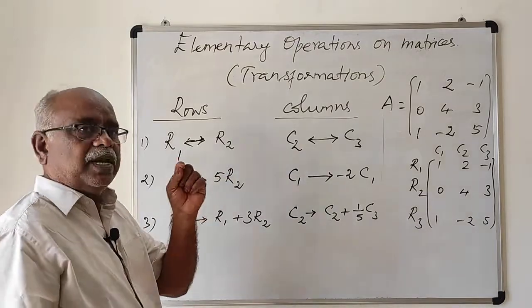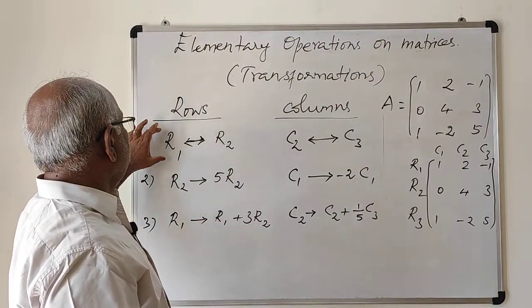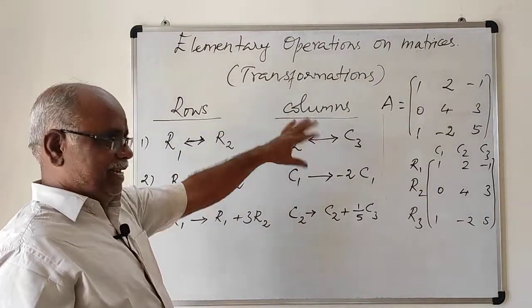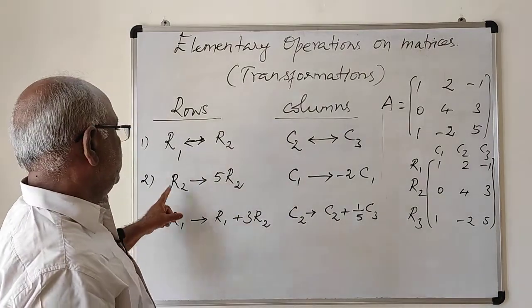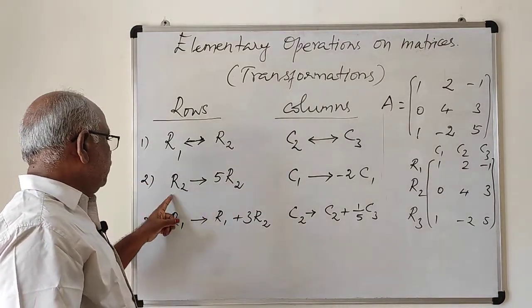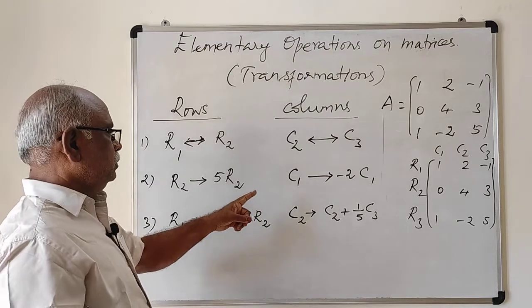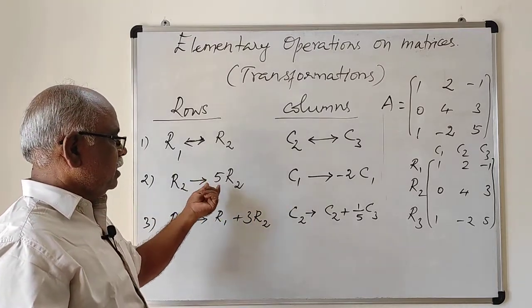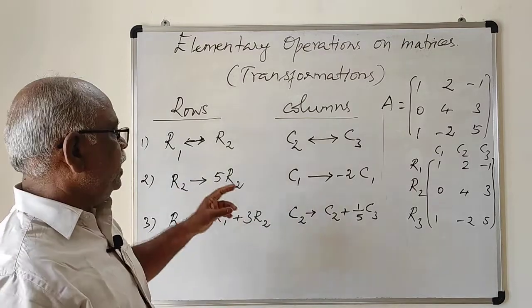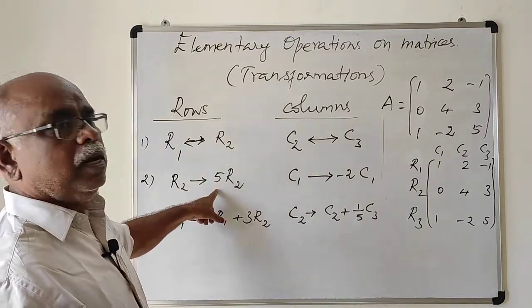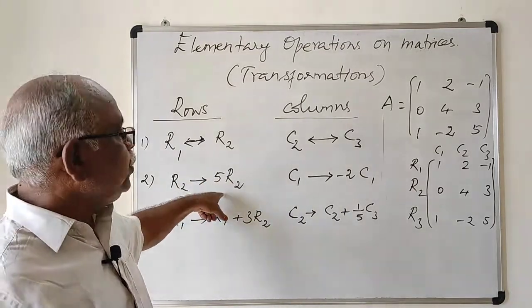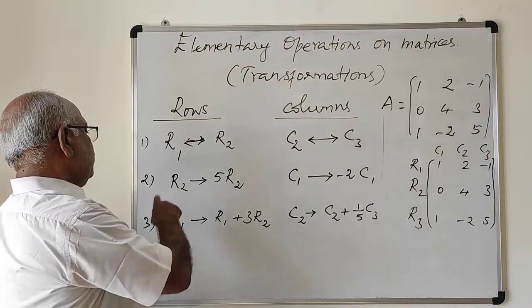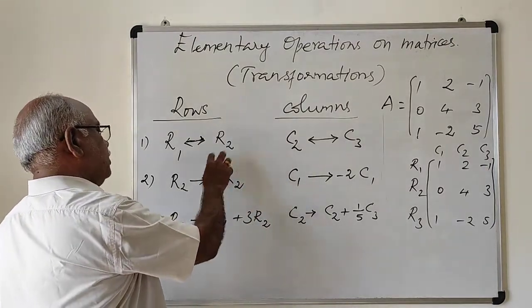The second one is that the elements of a row or column are multiplied by a non-zero number.